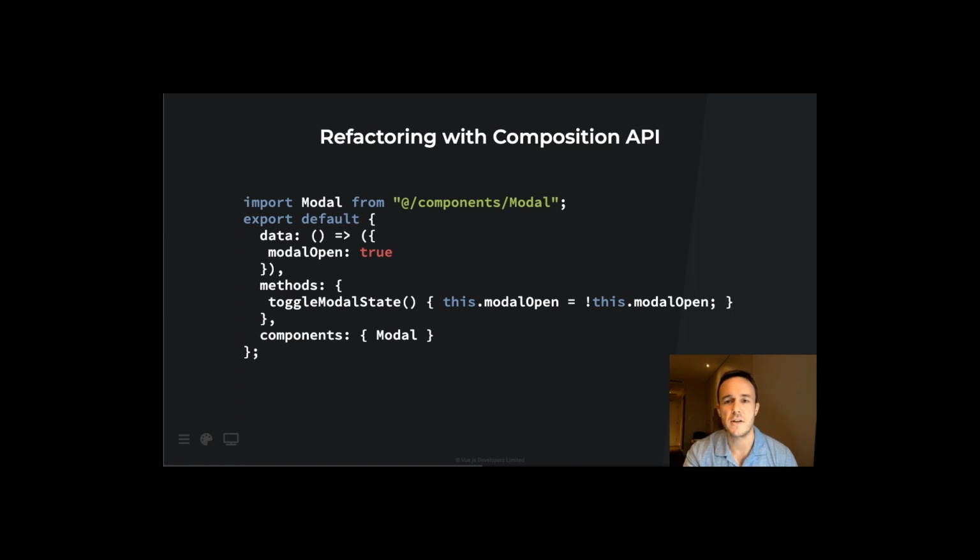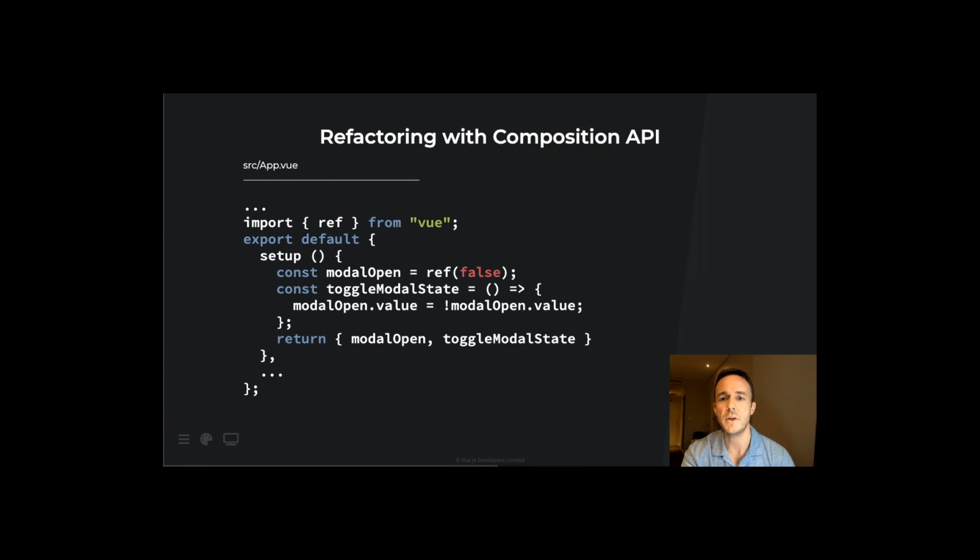Right, so focusing now on the script section of this root component. All the logic here is really for one thing, and that's to manage the state of this modal. So in order to make this code reusable in other parts of this app, or even if we wanted to use our modal in a different project, what we'd want to do is try and abstract all that logic by putting it into a separate file that could be reused.